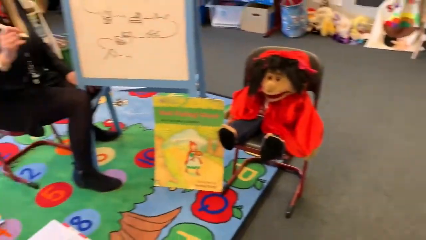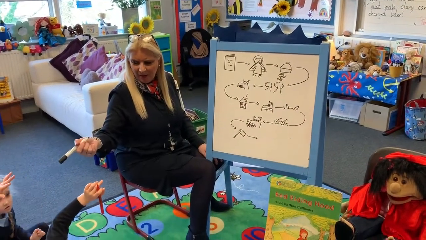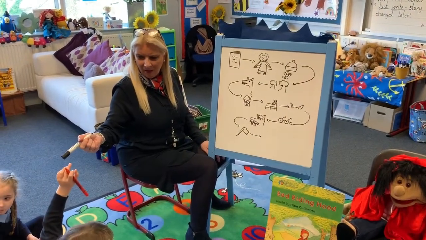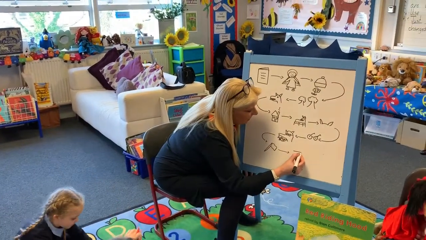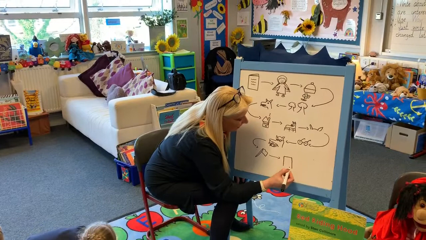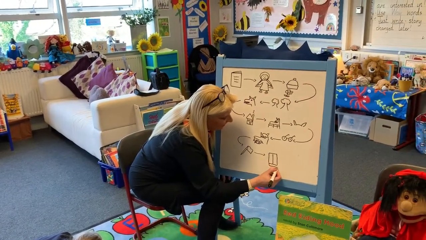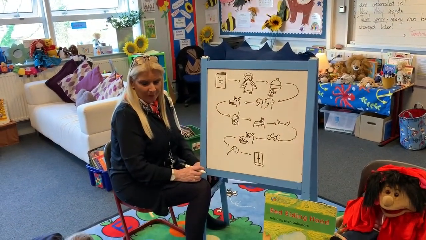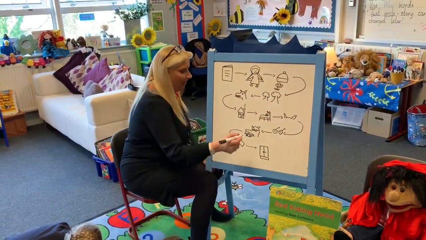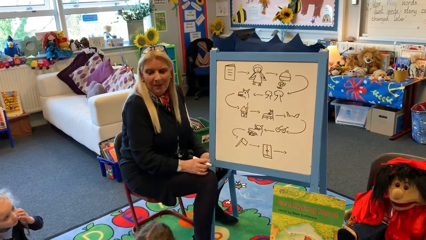Yes, but where was Granny? Where did he put her? He put her somewhere, didn't he? In the wardrobe. See if we can draw a wardrobe, right? So she was actually safe. That was good, wasn't it? And she got out of the wardrobe, and then who did she meet when she came out?